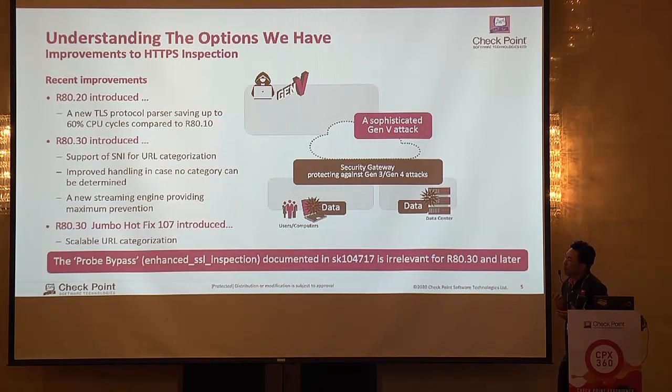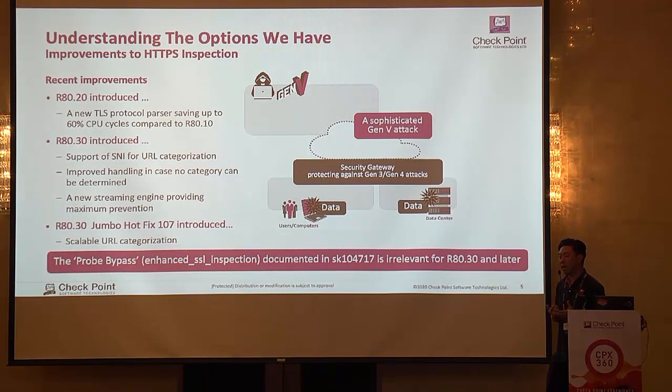If you are familiar with our HTTPS inspection, how to use it, or if you have experience configuring it: previously, since R77.30, we had a feature called port bypass. It is enabled, and if you want to know how to enable it, you can look at the SK.